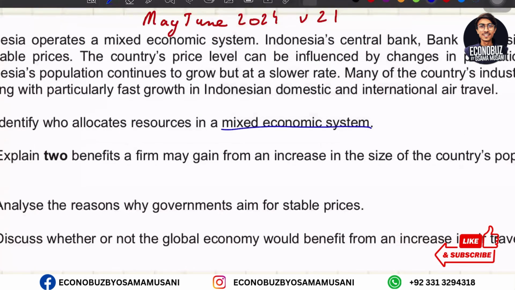A mixed economic system is where the public sector and private sector both work simultaneously.